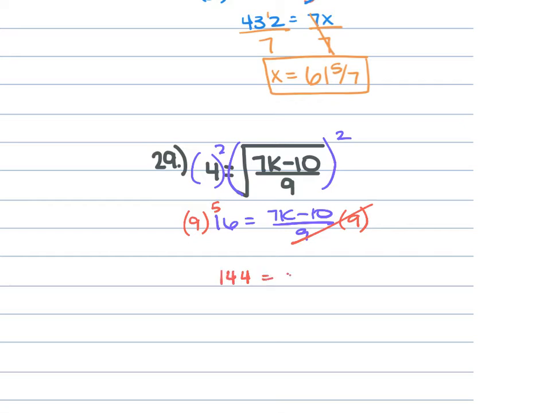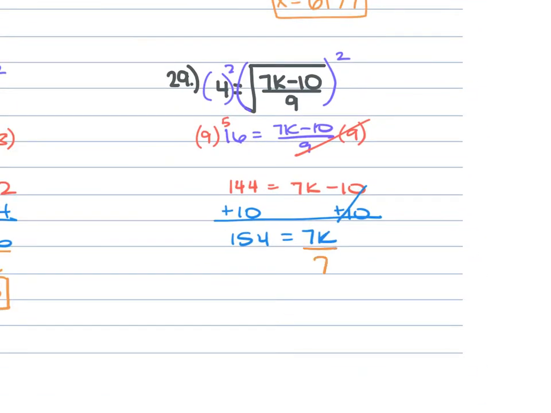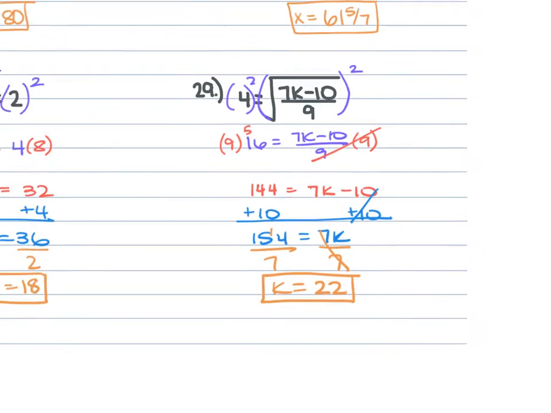So 144 is equal to 7k - 10. We're going to add that 10 to both sides to get 154 is equal to 7k. Then we divide each side by 7. k is equal to, 7 goes into 15 twice with 1 left over, 7 goes into 14 twice. So k is equal to 22.